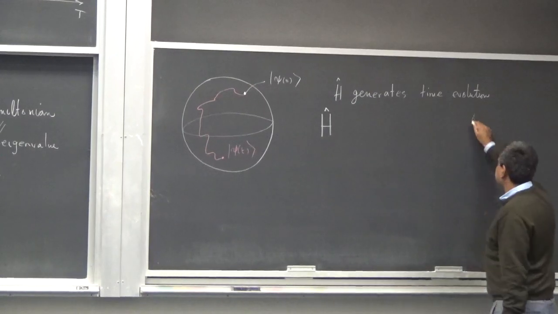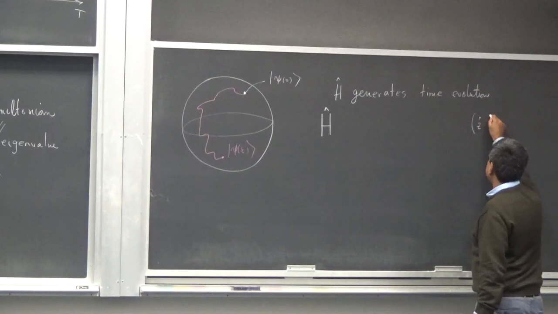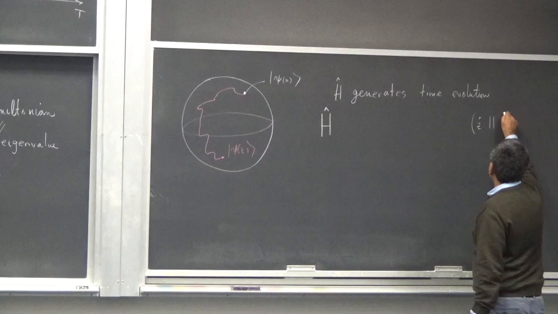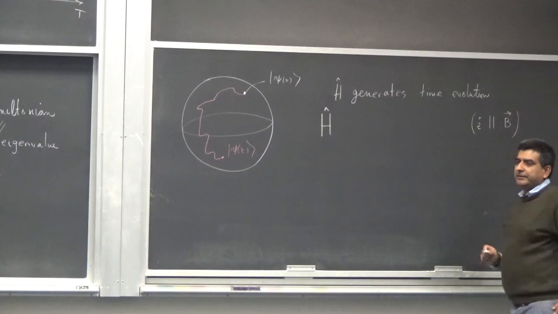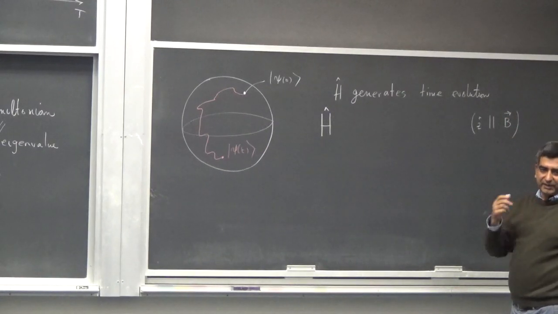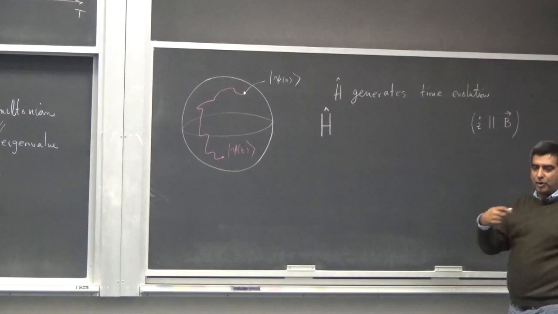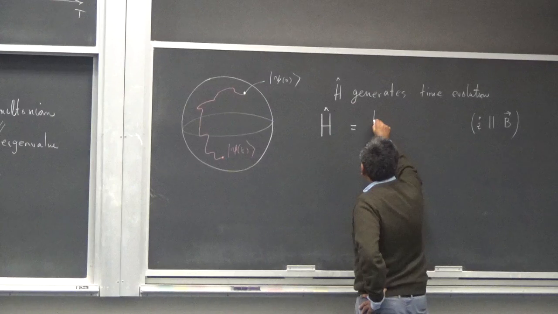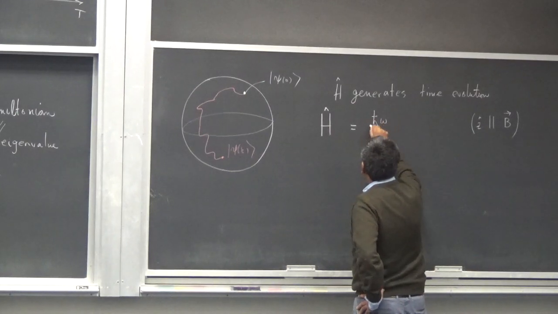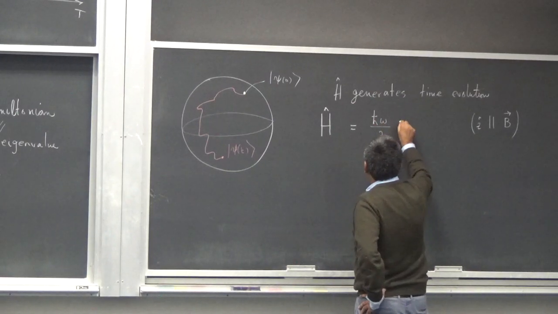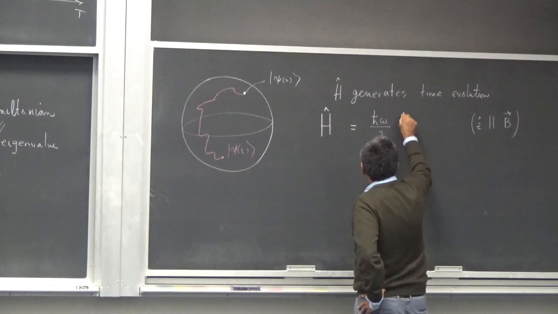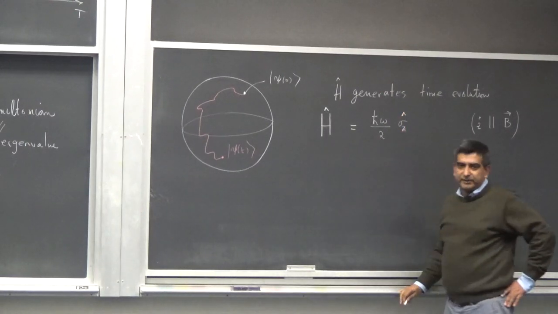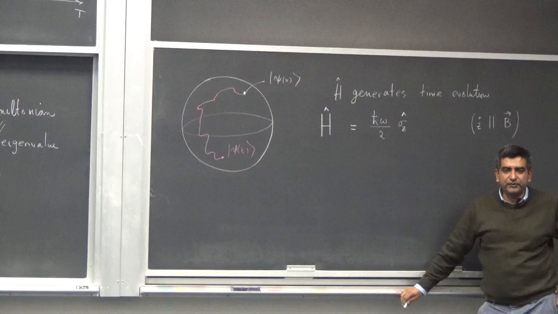So that's our first assumption. The field is pointing in the z direction. Then the Hamiltonian will be given by a matrix with an operator that is h bar omega over 2 sigma z. Sigma z is the Pauli z operator.